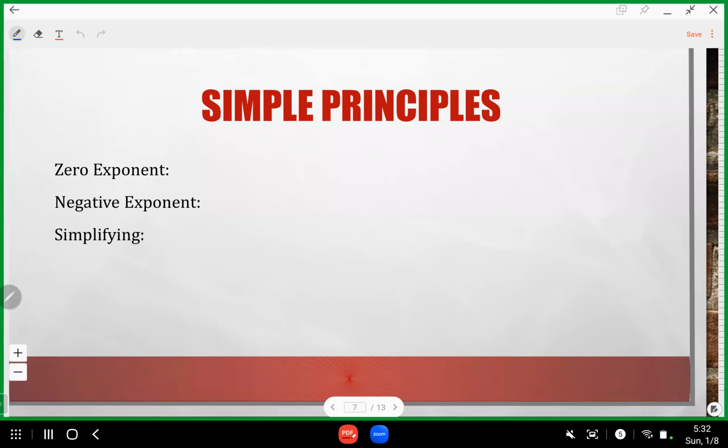Okay, so how about this? Put in the chat, what do you think is something to the 0th power? What do you think is a to the 0th power? What do you think it is?